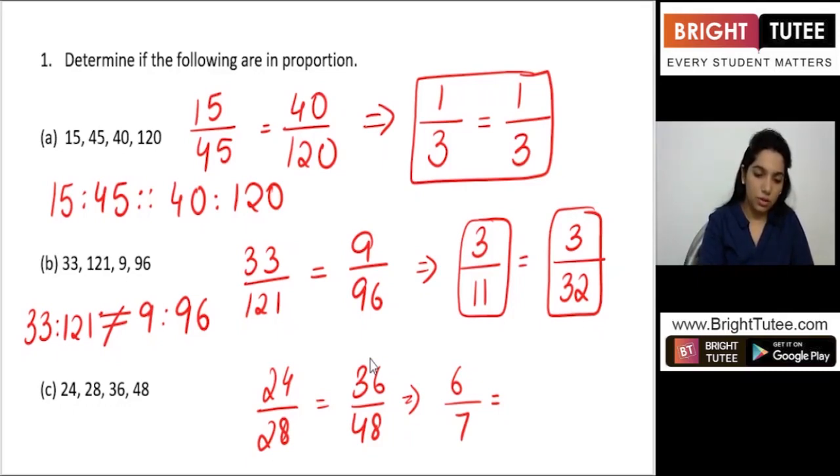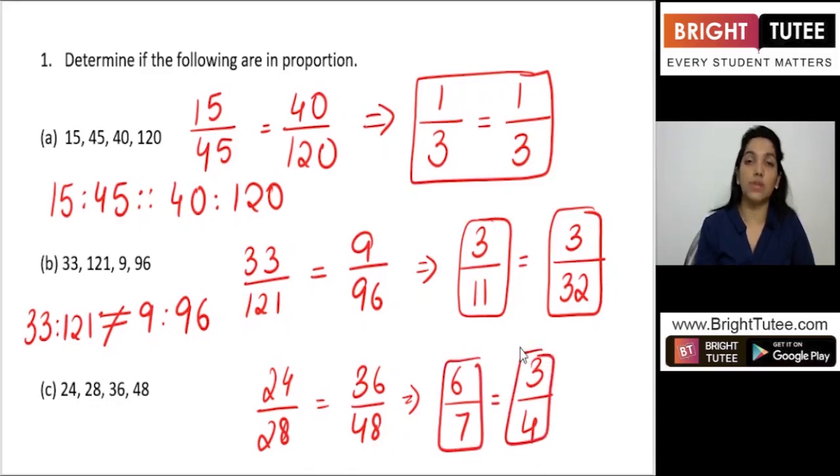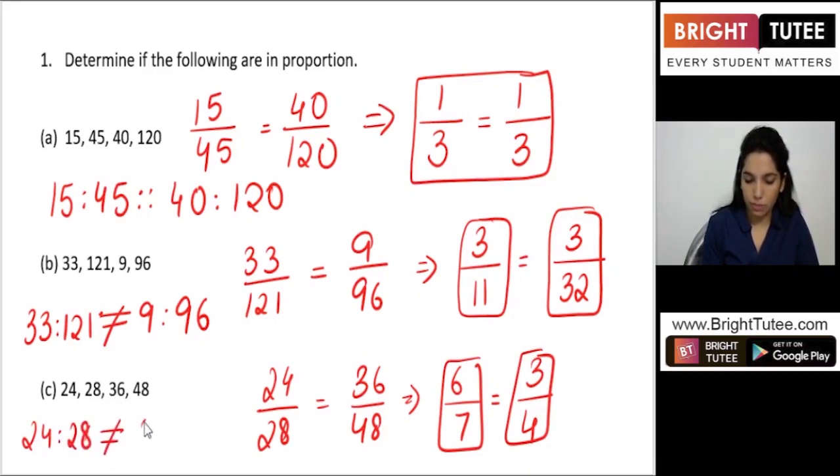Let's see if they are divisible by 4 as well. 36 divided by 4 gives 9, and 48 divided by 4 gives 12. Clearly both of them are still divisible by 3. Dividing 9 by 3, we get 3, and dividing 12 by 3, we get 4. Clearly the two fractions that we have got, these ratios, are not the same. So we can write 24 is to 28 is not in proportion with 36 is to 48.